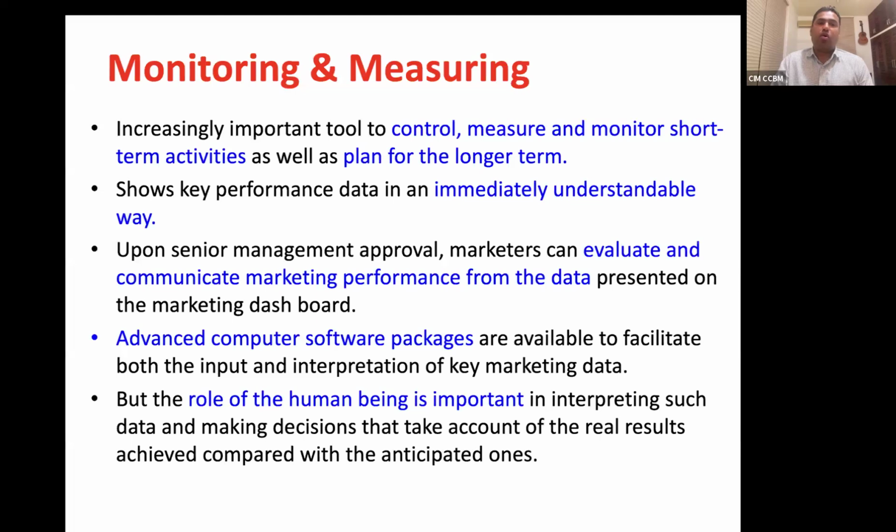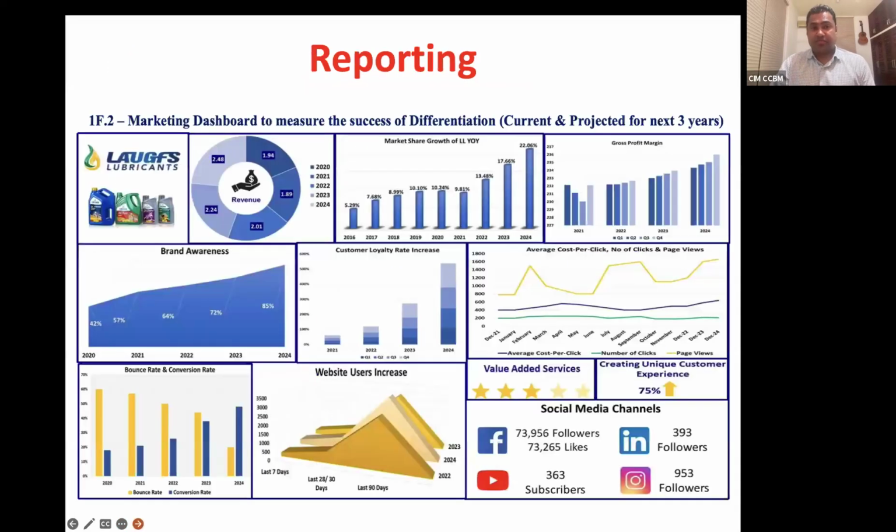You need to control and monitor your marketing efforts so that you can clearly understand and evaluate. And there are many tools today available. Like I told you, some examples in the digital marketing sphere that you can measure and monitor your performance. So dashboards like this are presented to the board of directors when we report our findings on a monthly basis.